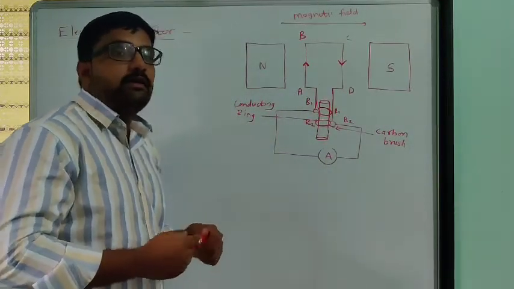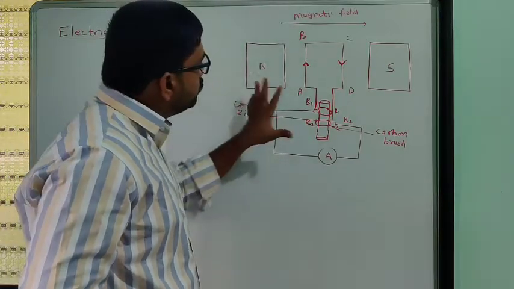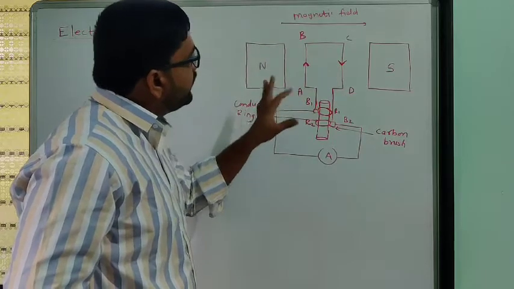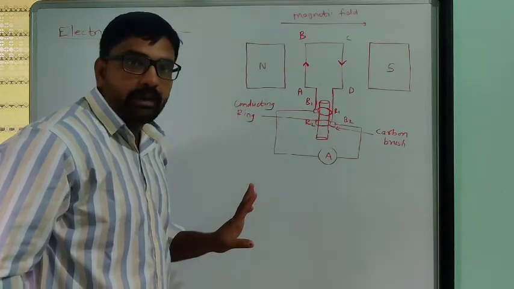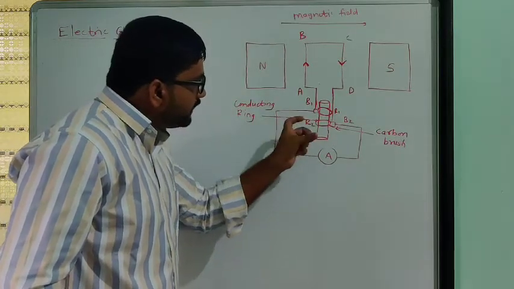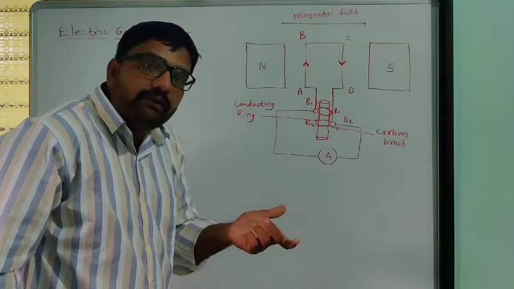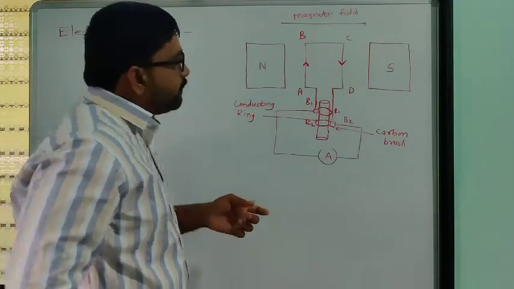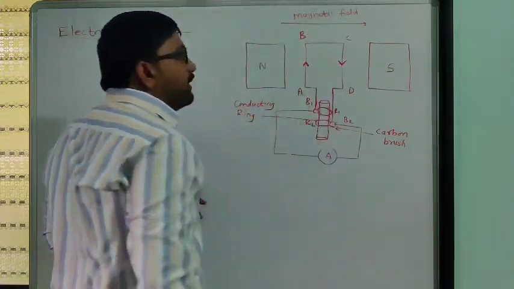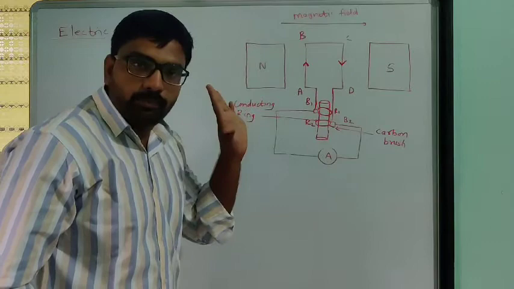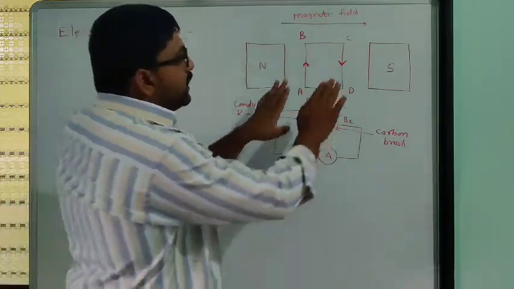Here we can use Fleming's right hand rule. What we do here is move this coil in the magnetic field, and due to that current will be induced in it. Because as we move this coil in the magnetic field, the strength of the magnetic field continuously goes on changing. As this coil becomes vertical, at that time the flux becomes maximum.